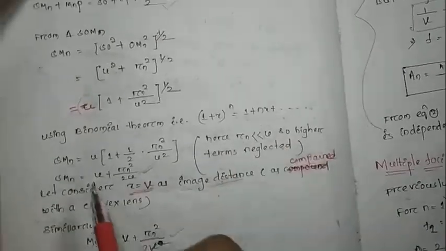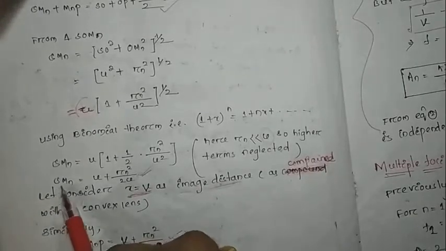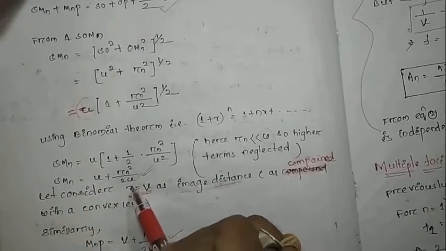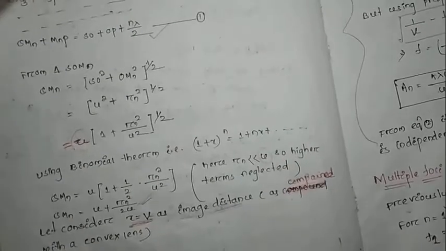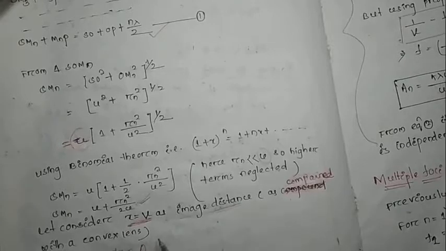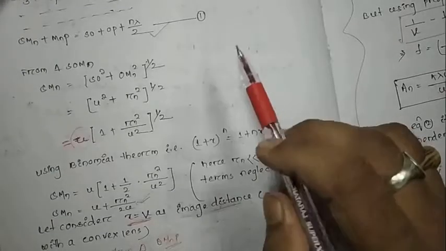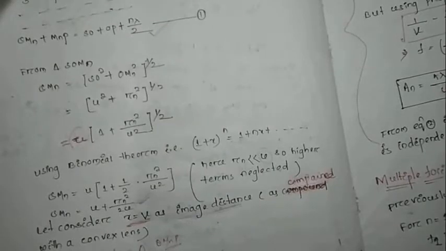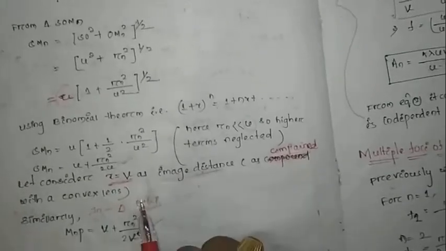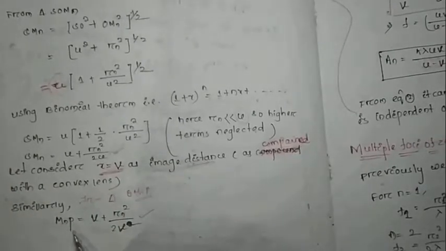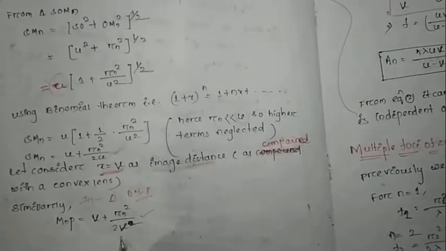Similarly, if Smn we got u plus Rn square by 2u, likewise from the triangle OMNP, we can find MNP will be equal to v plus Rn square by 2v.